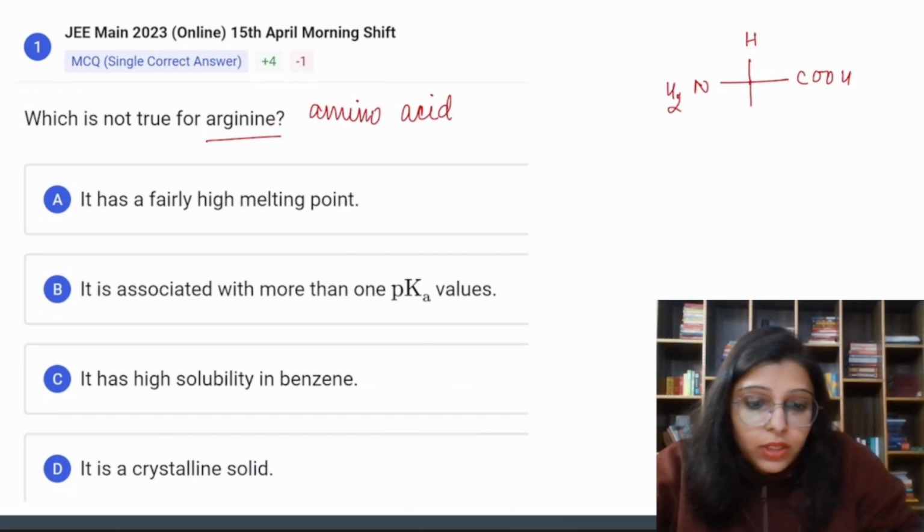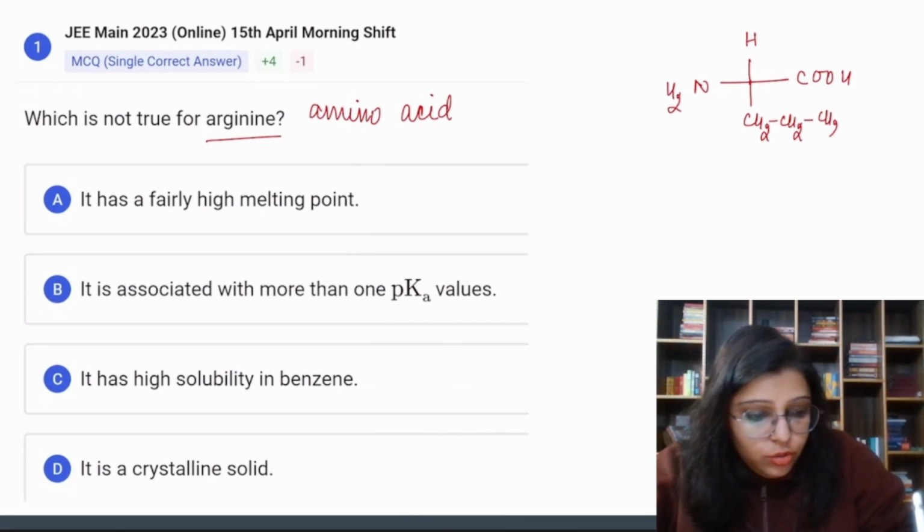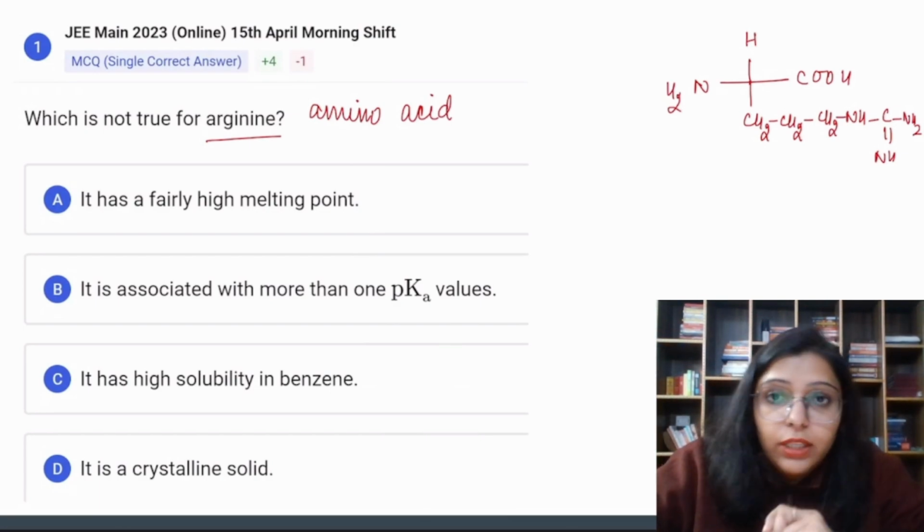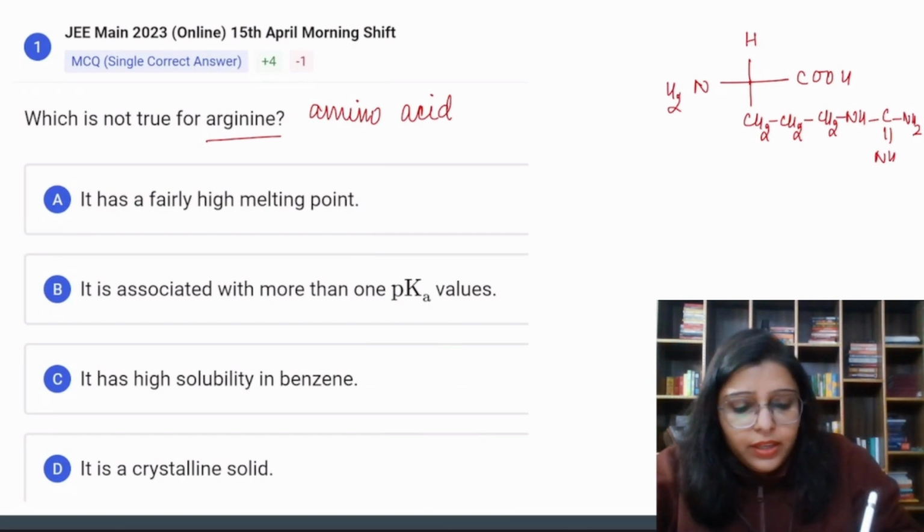That is CH2, CH2, CH2, NH, then C double bond NH and NH2. Understood? So this is the R group for arginine. So the question says it has fairly high melting point. Yes, melting point is high. This is true.